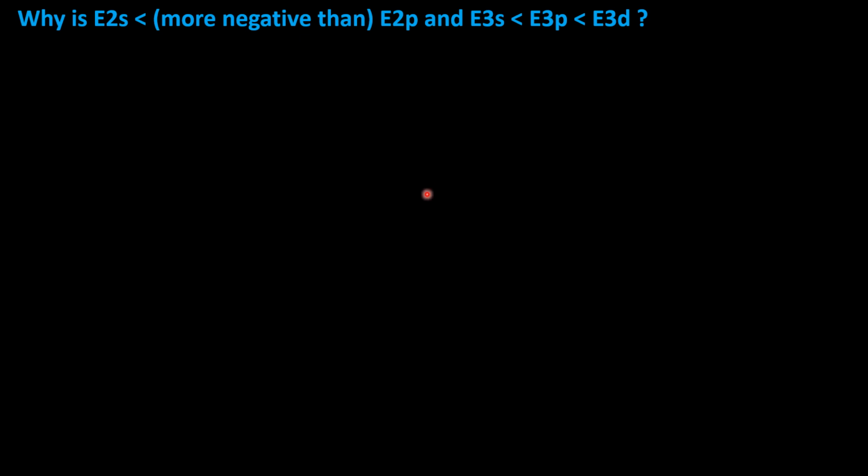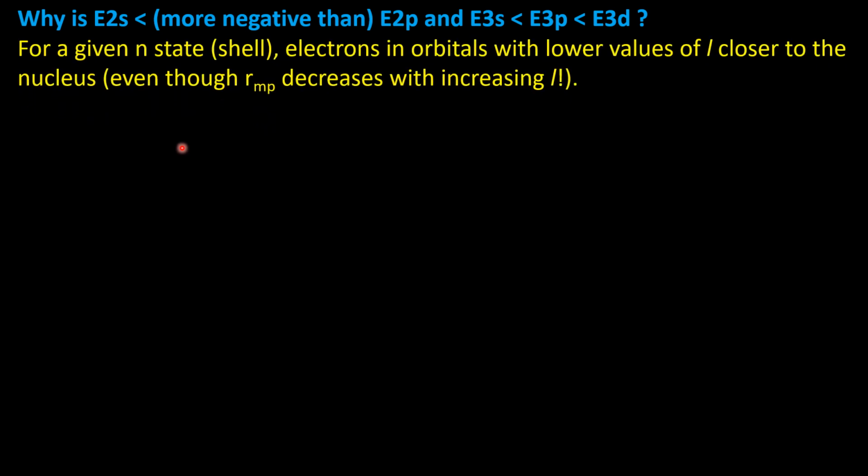So now we are going to have a look at it. For a given n state, that is for a given shell, the electrons in orbitals with lower values of orbital quantum number L are closer to the nucleus, even though the most probable radius decreases with increasing L. That is, the most probable radius for the s will be greater than for p orbitals.